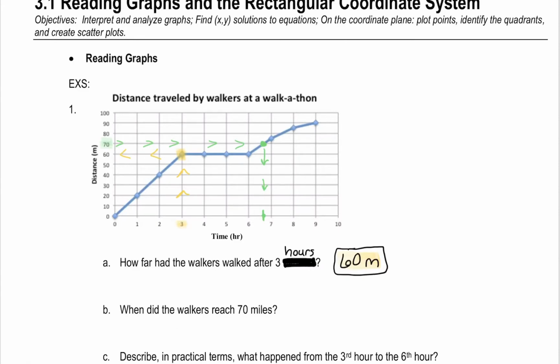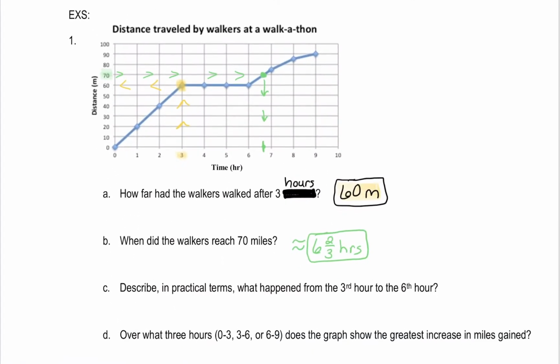So this is going to be an estimate. I'm going to say approximately 6 2/3 hours, or 6 hours and 40 minutes.